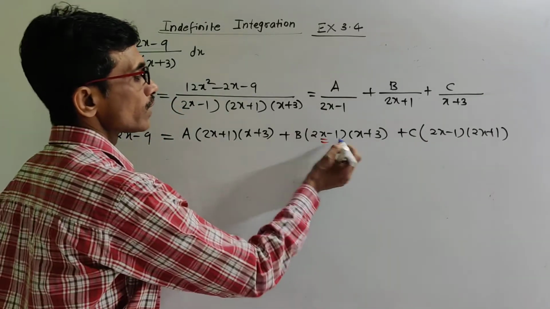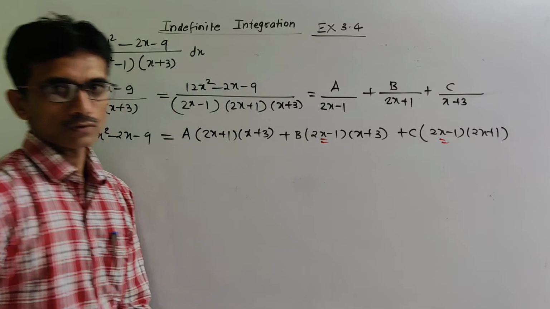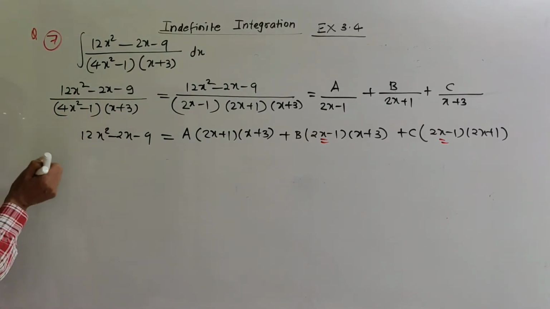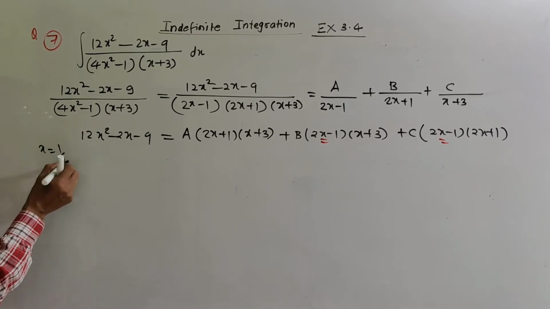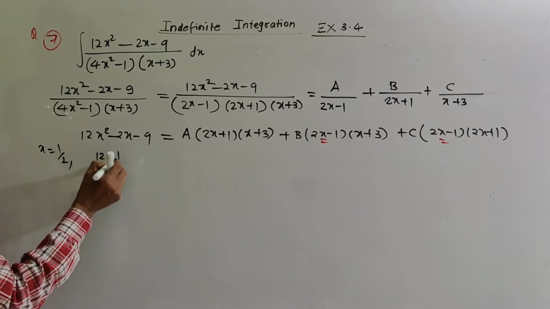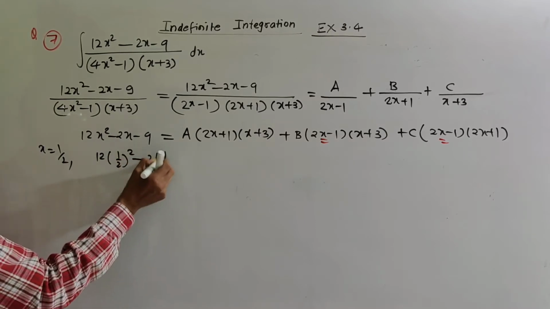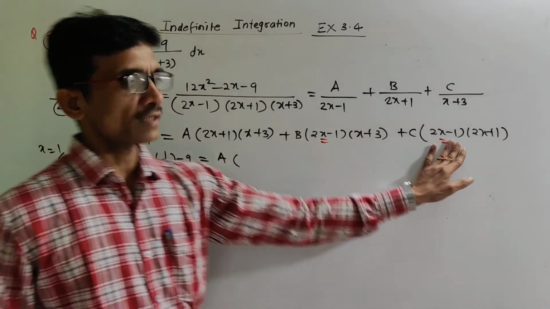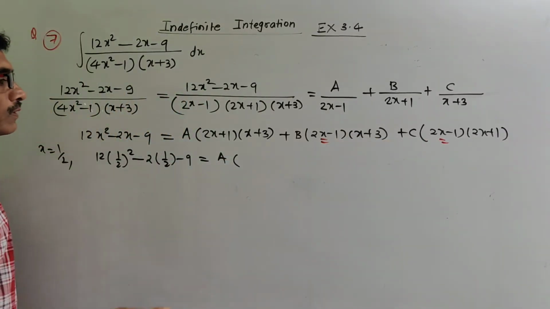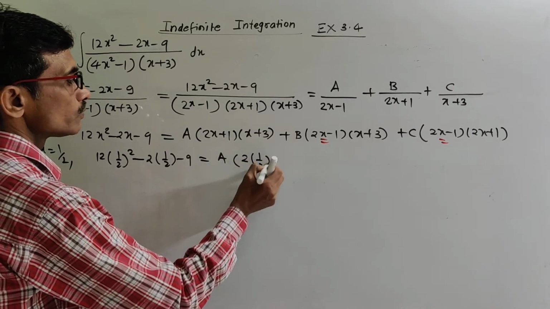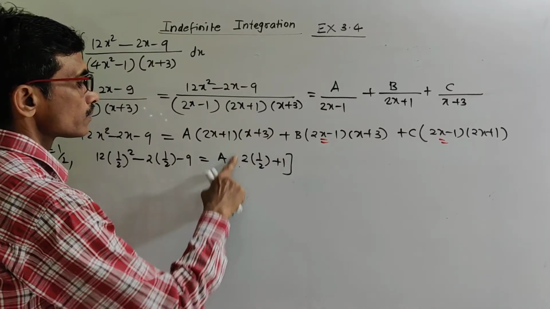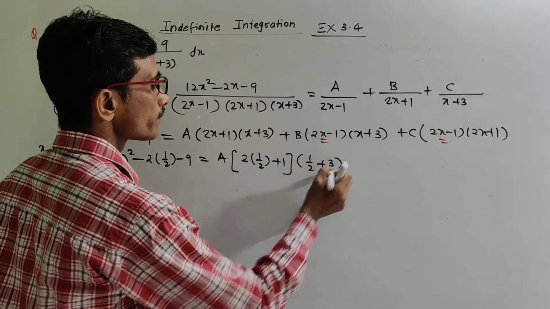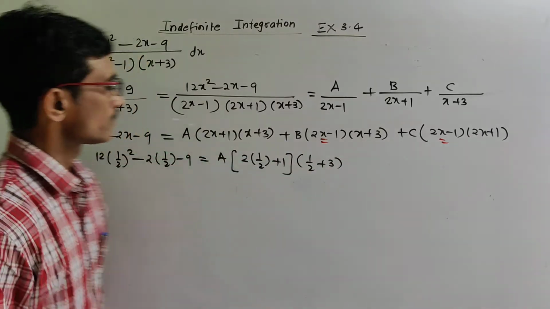If we put x is equal to 1 by 2, the coefficients of b and c will be 0. So 12 into 1 by 2 square minus 2 into 1 by 2 minus 9 is equal to a into 2 into 1 by 2 plus 1, 1 by 2 plus 3, and the rest are 0.